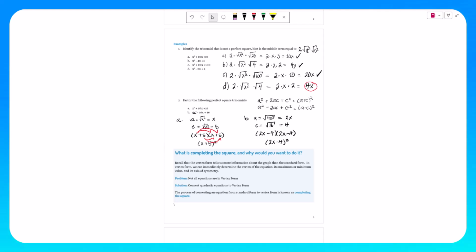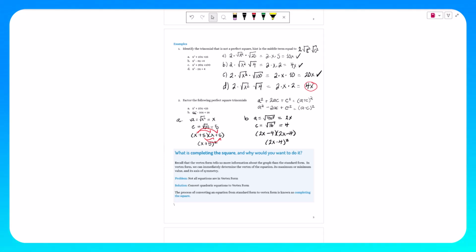Now, this lesson, as we said at the beginning, is about completing the square. And why do we want to do this? Well, you recall from the previous lessons that vertex form of a quadratic equation gives us a lot more information than standard or factored form. And if we can get a quadratic into vertex form, we can tell a lot of things about it.